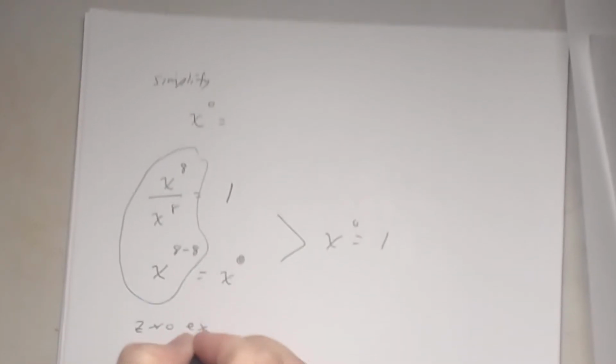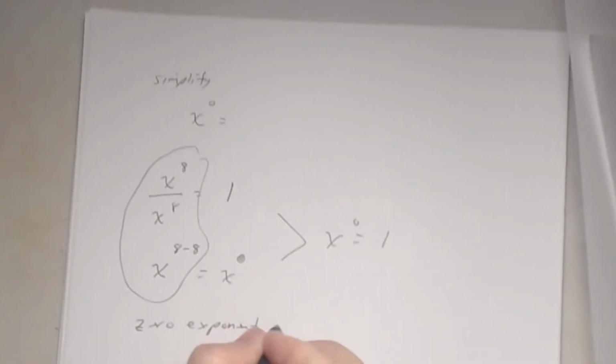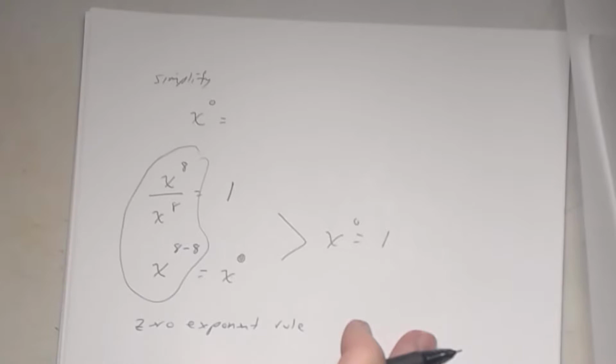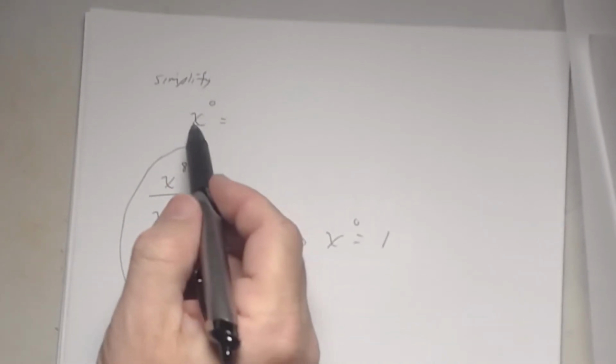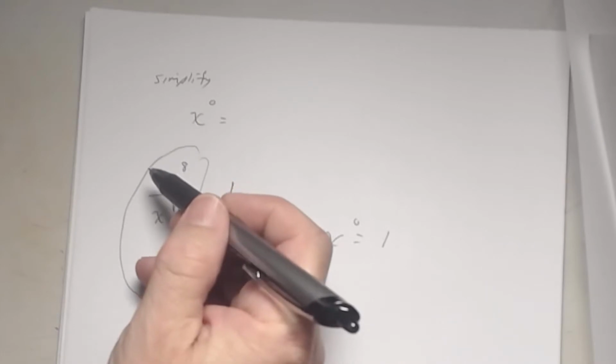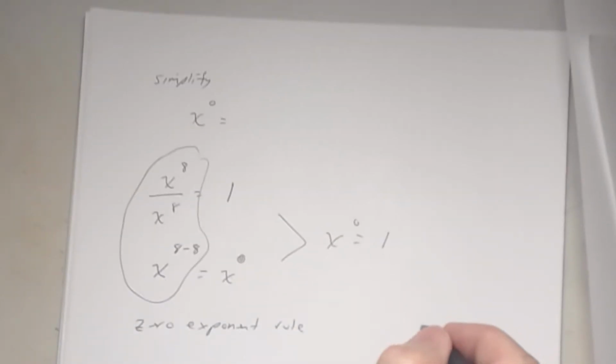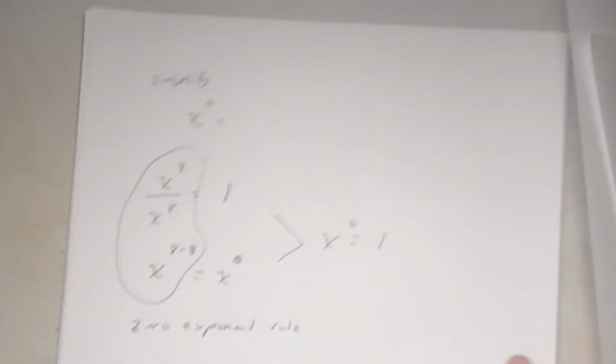So this is going to be called the zero exponent rule. Before we go on, someone mentioned that anything times 0 is 0. But that's not what this means. X to the 0 power doesn't mean multiplied by 0. Remember what we're saying here.